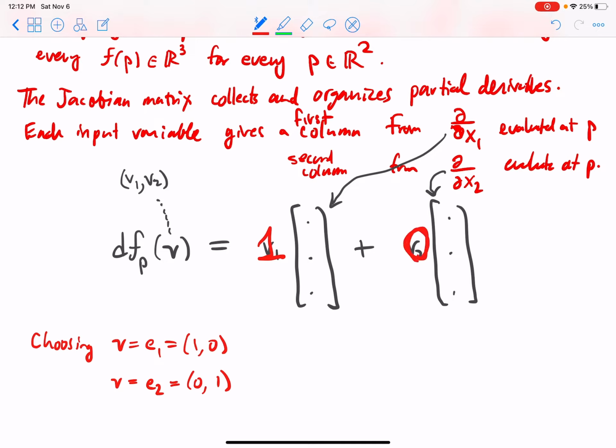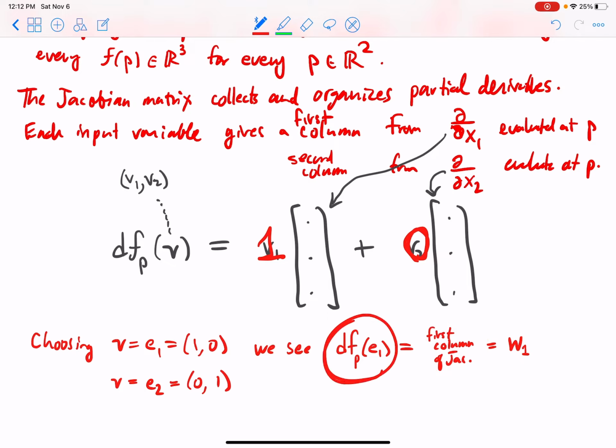Okay, and you see that DFP at E1 is just equal to the first column of the Jacobian matrix. And we could give that a name, W1, because it's too long to write first column of Jacobian matrix every time. So let's just call it W1.